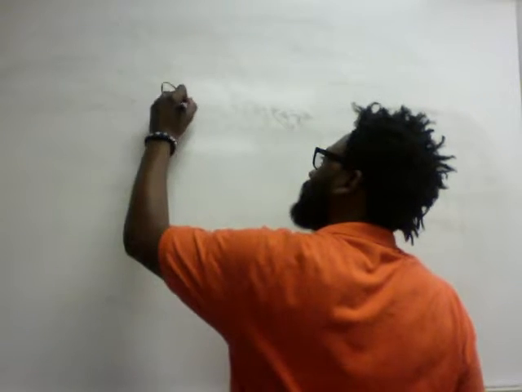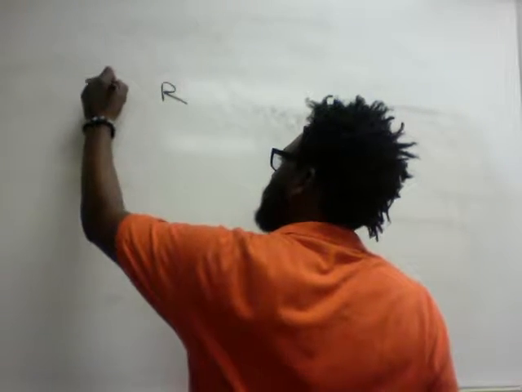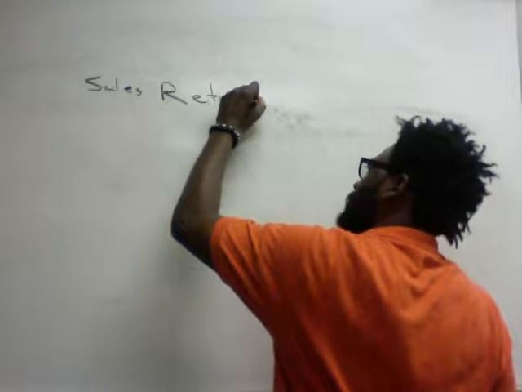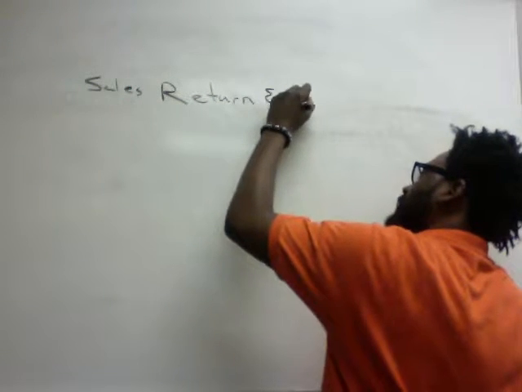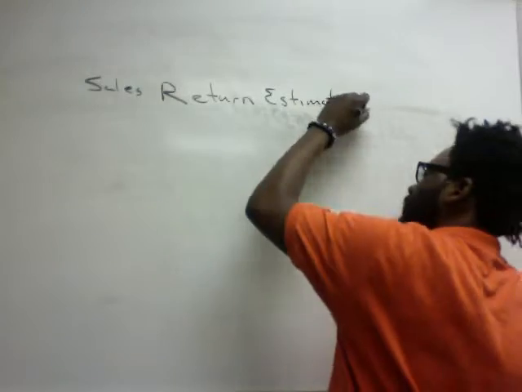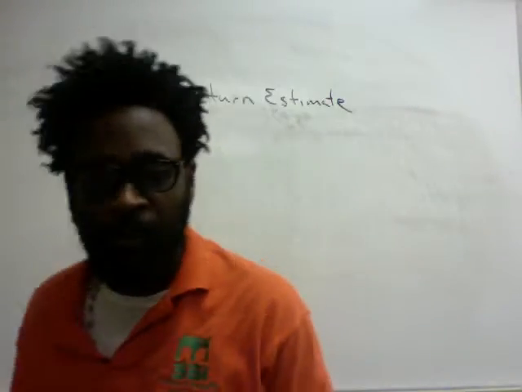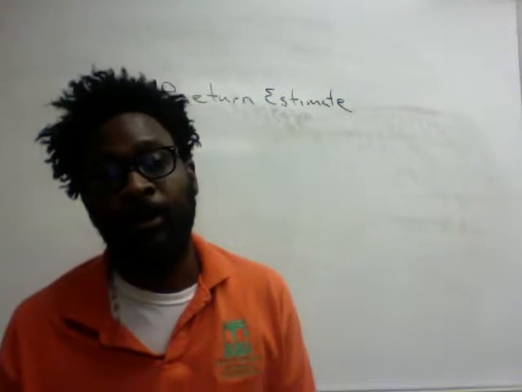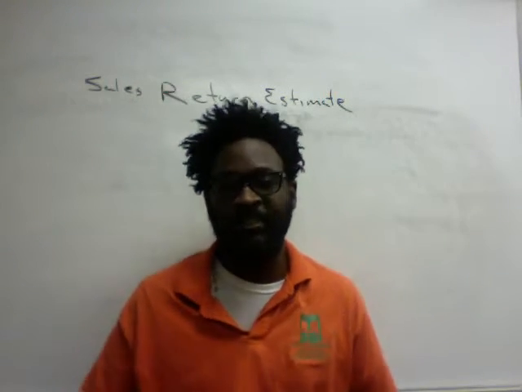So your return, your sales return estimate. Now your sales return estimate is going to be directly after you've sold it on the account, right? It might not have to be on the account. It could be for cash, but normally it is on the account, right?